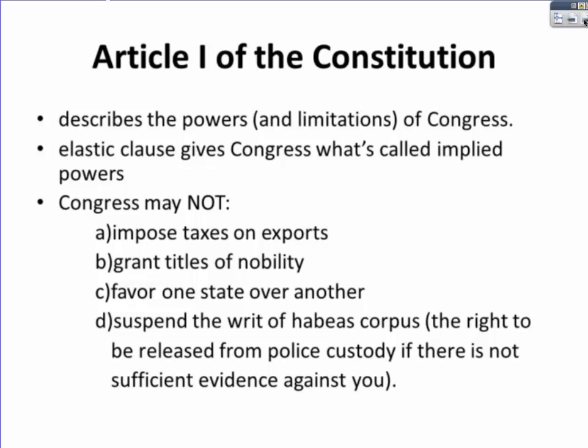The only exception of suspending the writ of habeas corpus is a national emergency, such as an internal rebellion or an invasion from a foreign power. Those would be really the only acceptable ways of suspending the writ of habeas corpus for any reason.